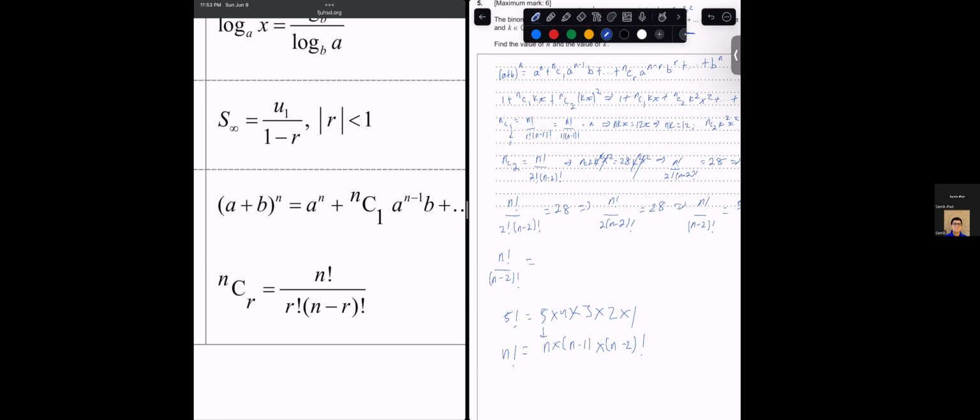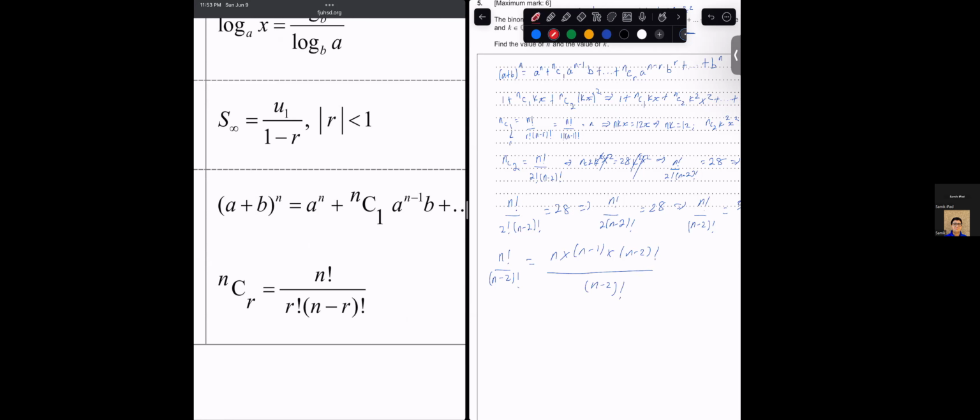It's repeating. I like teaching with the numbers because then students tend to understand, so it should help. So n into n minus 1 into n minus 2 factorial upon n minus 2 factorial.